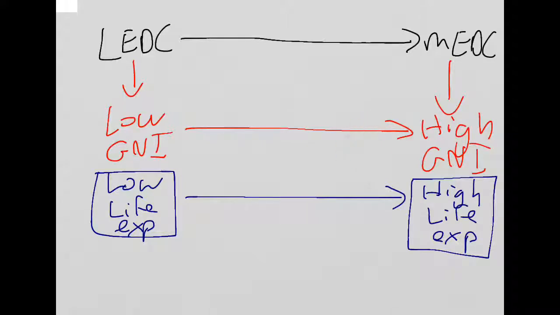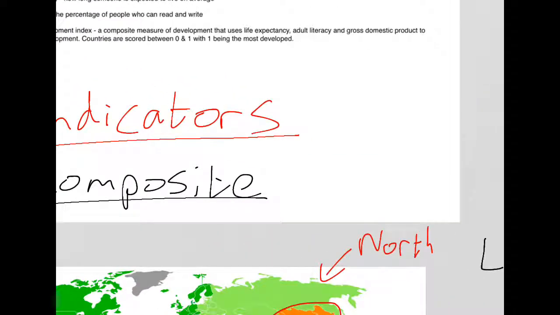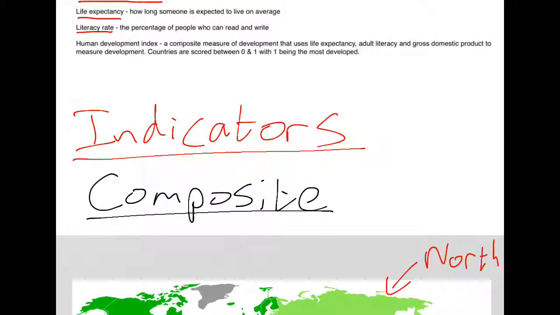But as these countries aren't that well developed in terms of their healthcare and the amount of money that the government spend on healthcare, their life expectancies can be quite low. So their high gross national income figure is not really a fair representation of the full level of development within a country. So for those indicators, using individual indicators, it can hide variation.